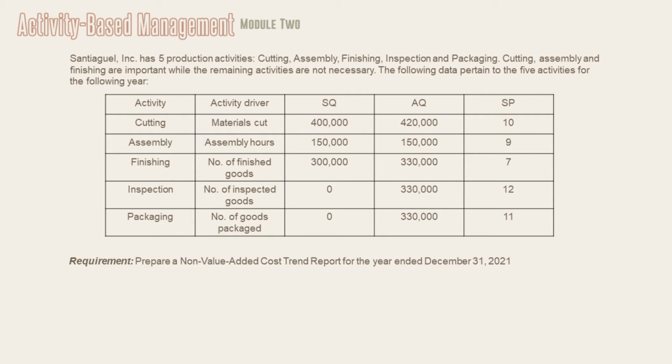For inspection activity, its activity driver is the number of inspected goods. Its SQ is again 0. Its AQ is 330,000. Its SP is 12. Lastly, for the packaging activity, its activity driver is the number of goods packaged. Its SQ is 0. Its AQ is 330,000 and its SP is 11.